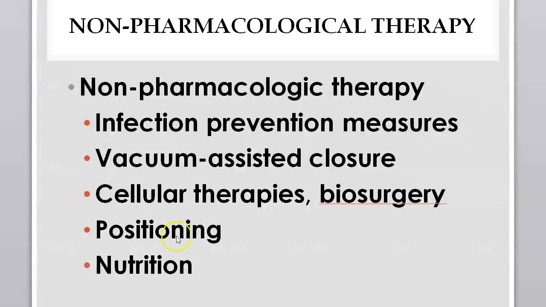Sometimes, as well as these non-pharmacological therapies on the screen, there may be very aggressive therapies such as hyperbaric O2 therapy. They've also been known to use sterile maggots, stem cells, and skin grafts.